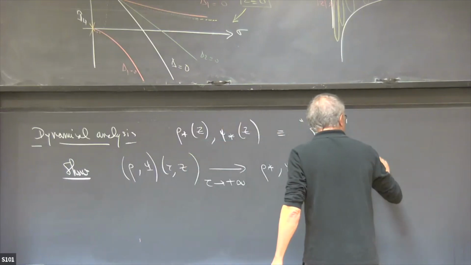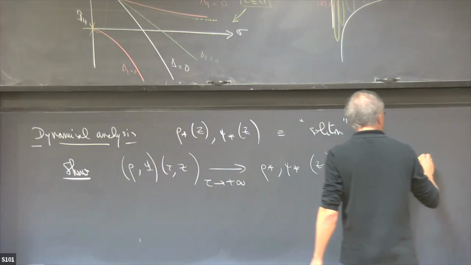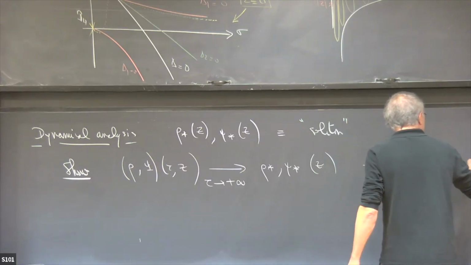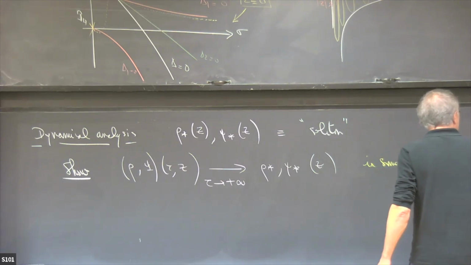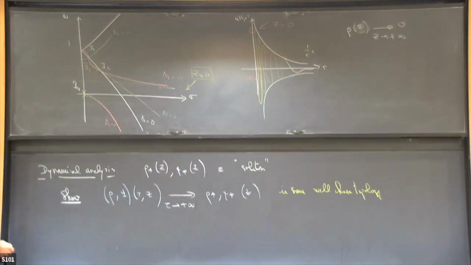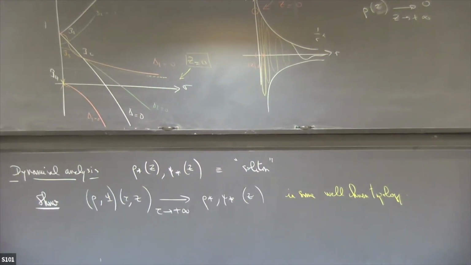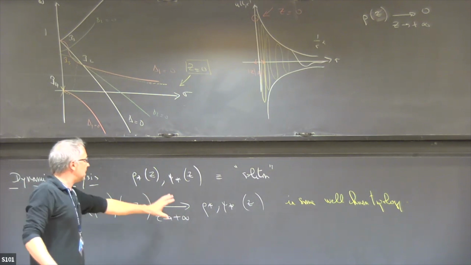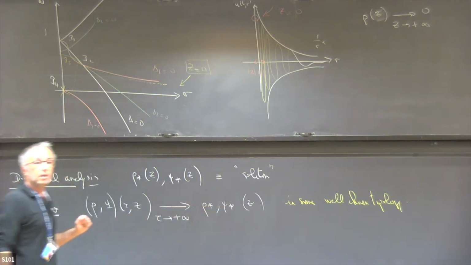In some well-chosen topology. This convergence cannot be true everywhere, but this is the typical picture. What you want is that after renormalization, you want to see your solution form exactly asymptotically in time this picture.